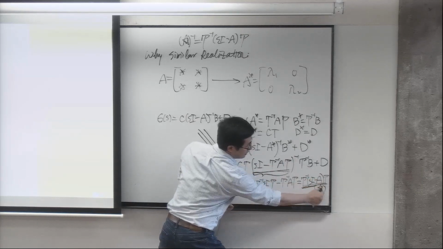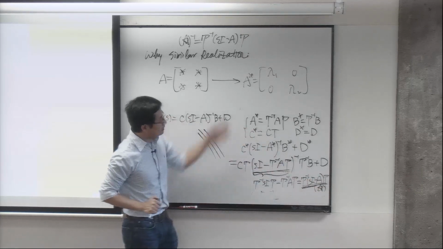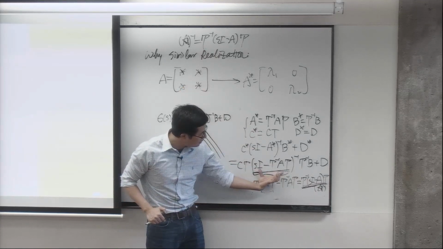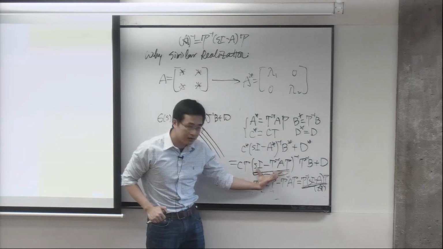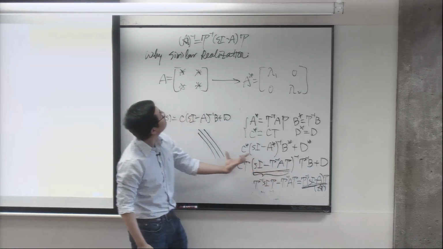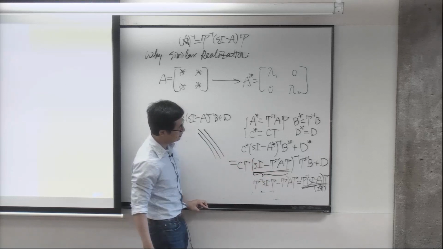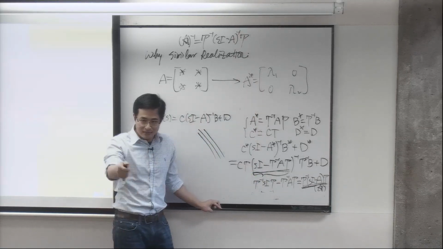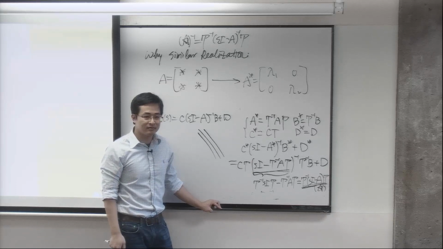I consider the inverse of the whole thing in this step. So all the computation here is strictly for the terms inside this bracket. Should the SI minus A at the top have an inverse on it? Yes. That's the typo.